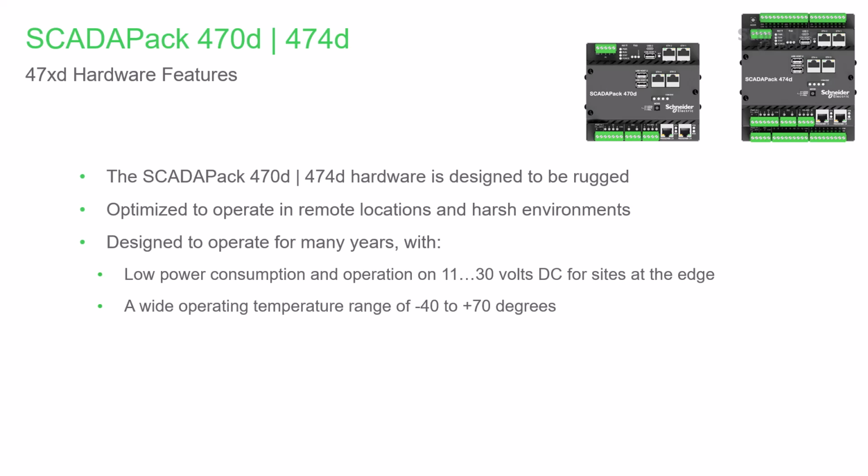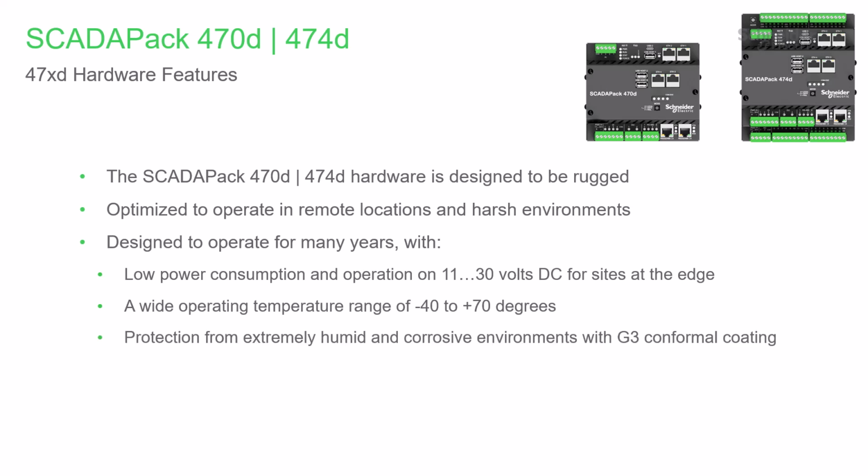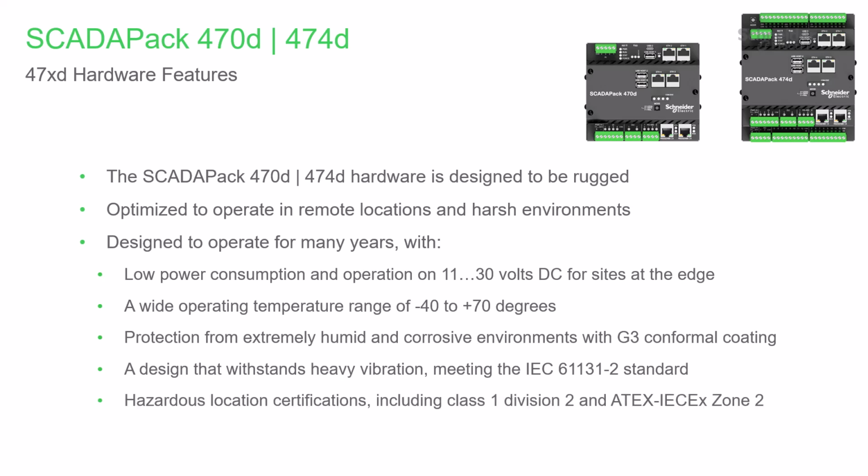It has a wide operating temperature range of -40 to +70 degrees, protection from extremely humid and corrosive environments with a G3 conformal coating on the circuit boards, a design that withstands heavy vibration meeting the IEC 61131-2 standard, and hazardous location certifications including Class 1 Division 2 and ATEX IECEX Zone 2.